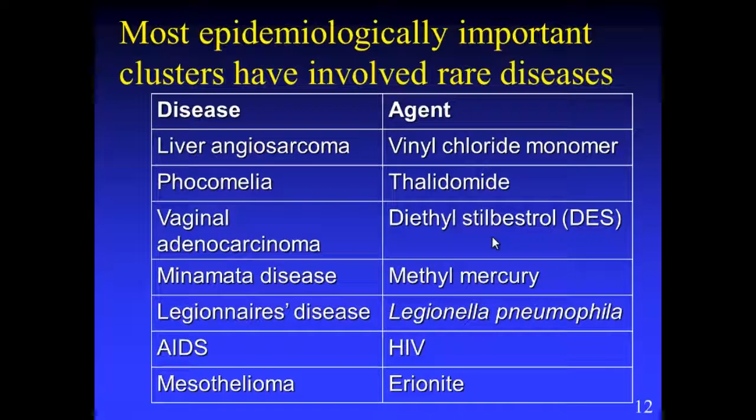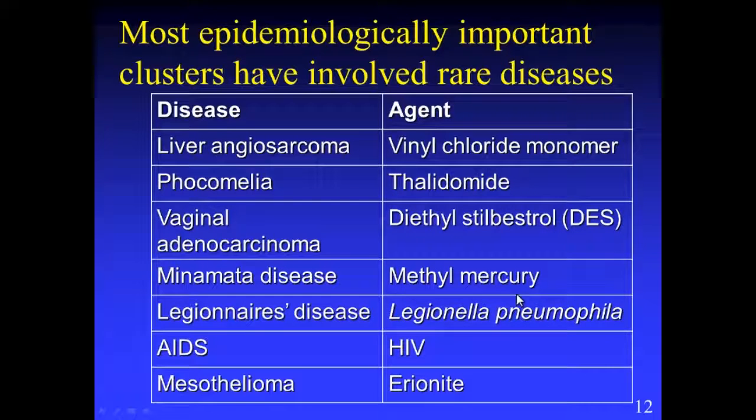But later on their teenage daughters, with whom they were pregnant at the time, a number of them were diagnosed with this very rare cancer, adenocarcinoma of the vagina. It's such a rare cancer. When they carried out a case control investigation, the only thing that they could find was that all their mothers had been treated with DES while they were pregnant.